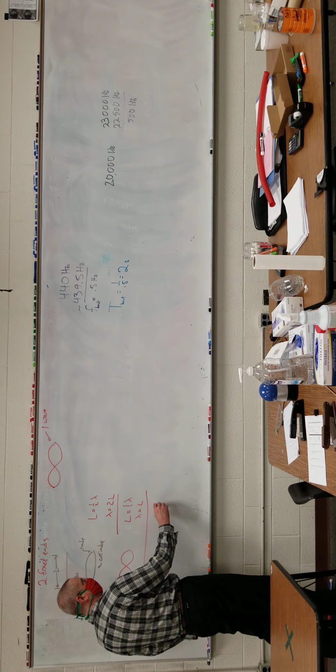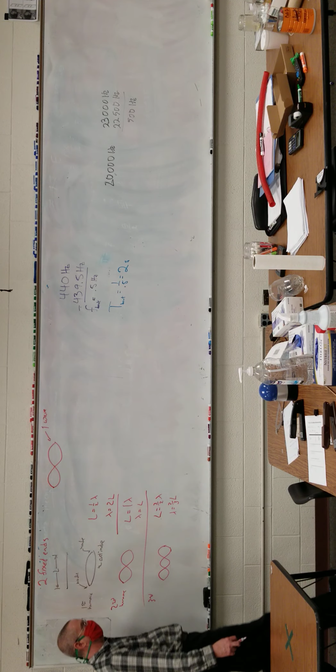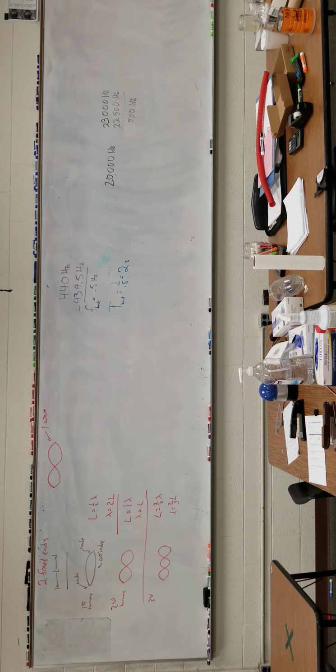So L is equal to 3/2 of a wave, or the wavelength is equal to 2/3 L. So if you have the wavelength here, and if you knew the frequency, such as in the lab on Tuesday where the frequency will be 60 hertz, you could then predict what the speed of the wave is.